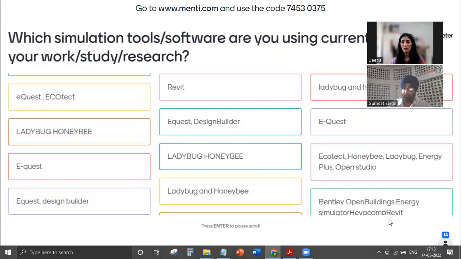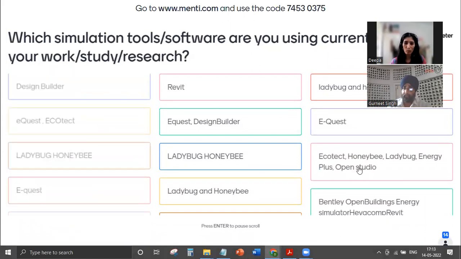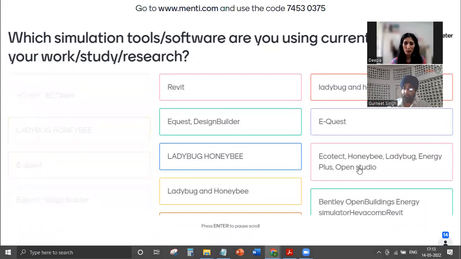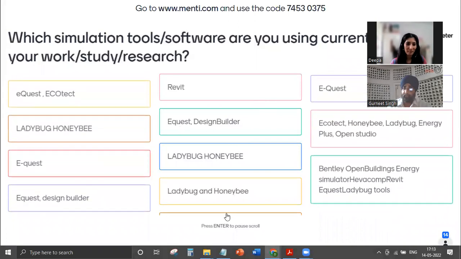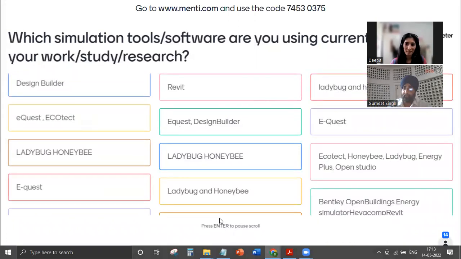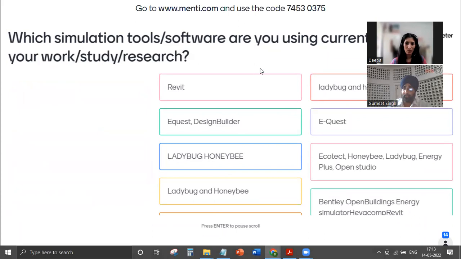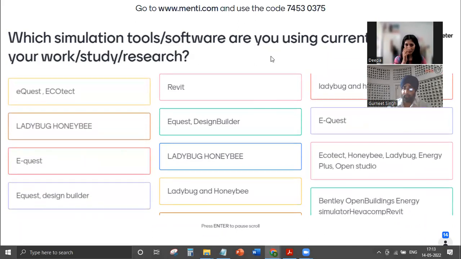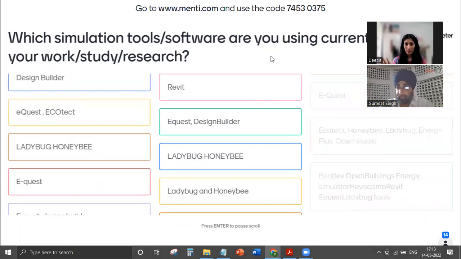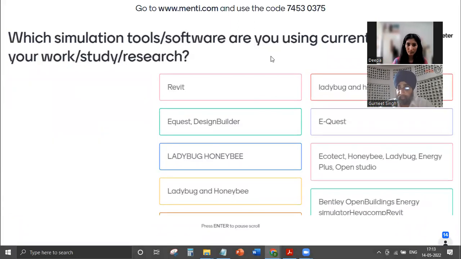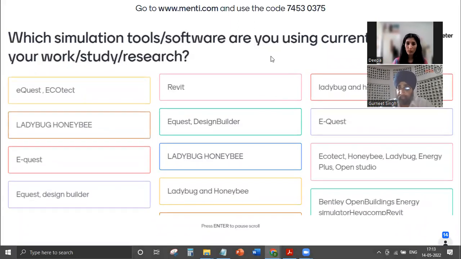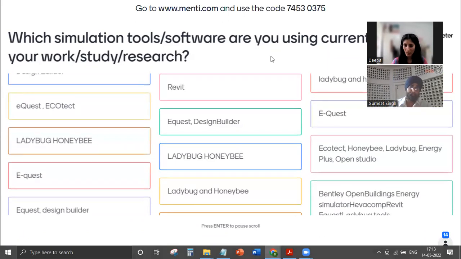All right, Revit as well. Open Studio. One of you is using Open Studio. Okay, so here are a bunch of tools. So 26% of you said you're using it frequently. No, 16% of you said that you're using it frequently.